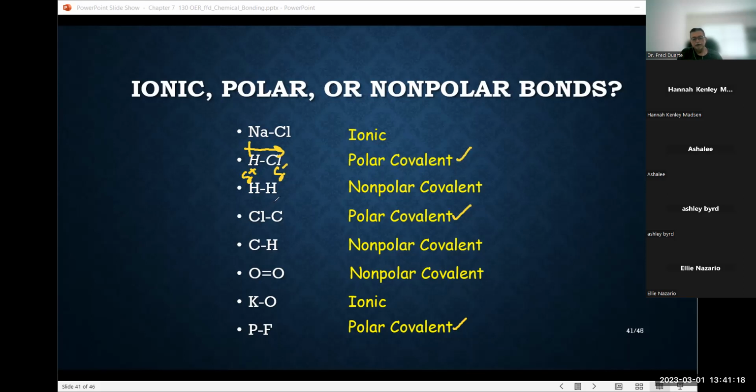The carbon chloride combination will go toward, again, the chloride, with a partial negative on the chloride, partial positive on the carbon. And finally, the last one, obviously going toward the fluoride because it's more electronegative, giving the partial negative on the fluoride, partial positive on the phosphorus. All the others would not have a partial notation or the dipole arrow, only polar covalent bonds.